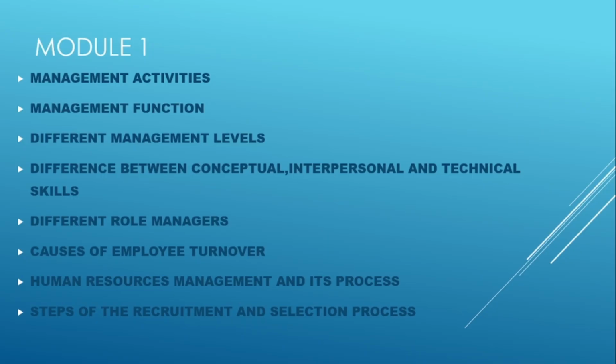So coming into the different management levels, here I just wanted to remind you of what we have already studied in N4. So I don't want to waste a lot of time here, because I think most of the time we do understand the different management levels, which is the top, middle, and lower.